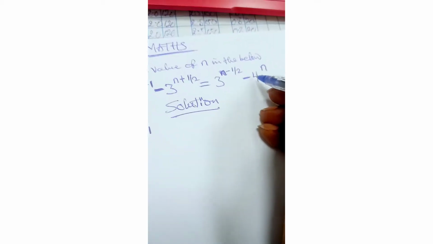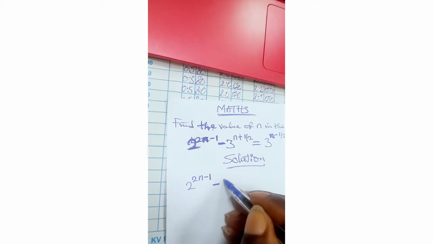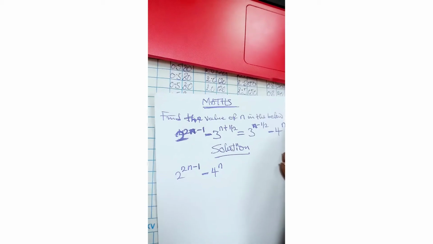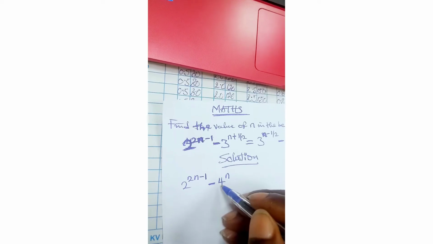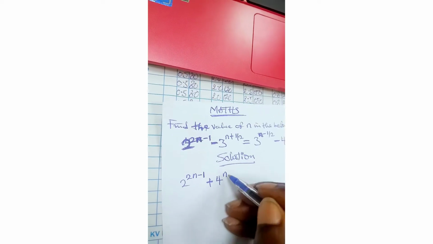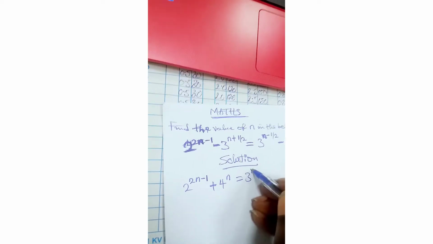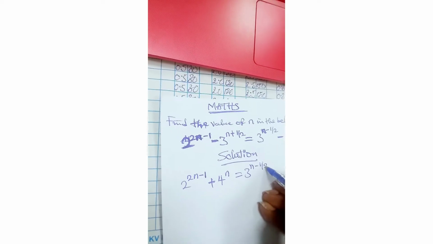Then when you take this 4 raised to power n to this side, you are going to have plus 4 raised to power n, which is equal to 3 raised to power n minus 1 over 2.